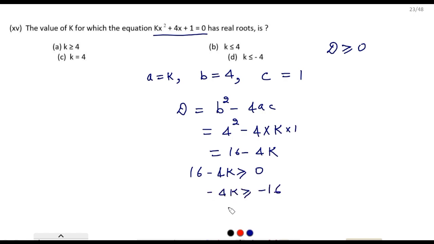Now we are dividing by a negative number, minus 4, so the sign of inequality will be reversed. It means for real roots the condition is k should be less than or equal to 4.